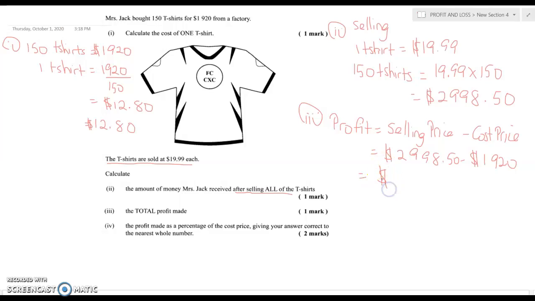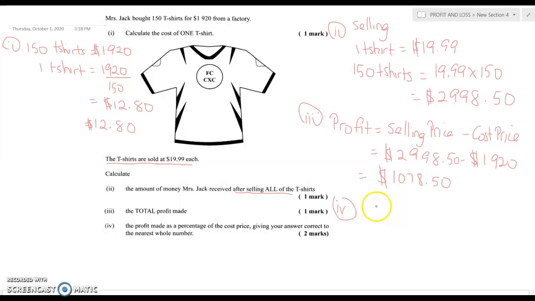Again, just use a calculator to subtract that, and we will get $1,078.50. Good so far?